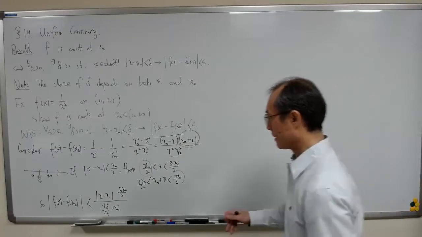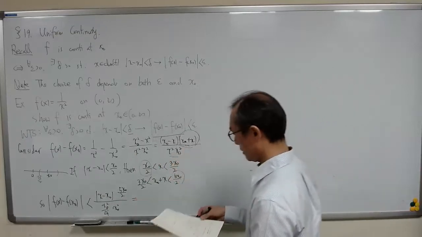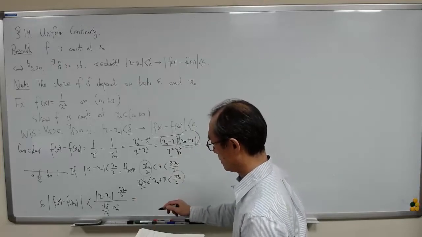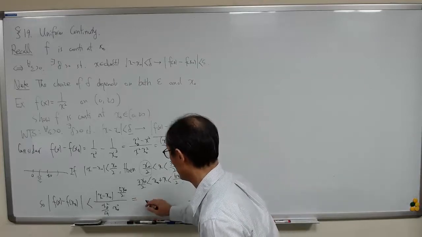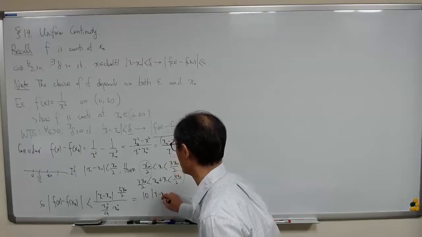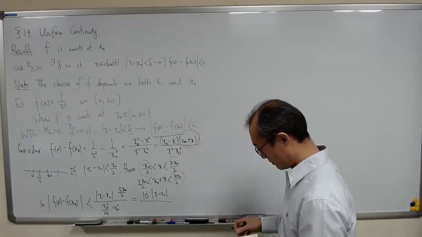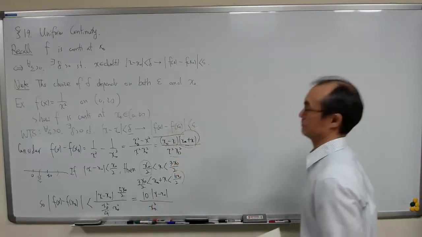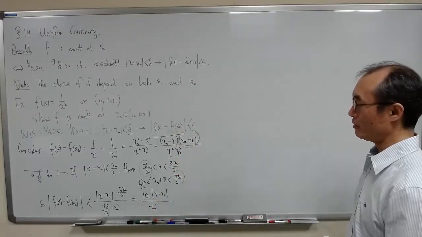Then this will be written as 10 times the absolute value of x minus x naught over x naught cubed.